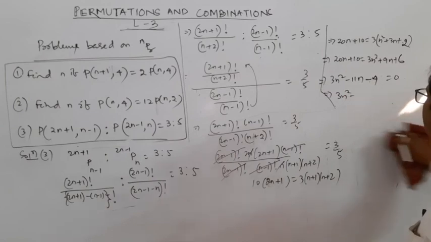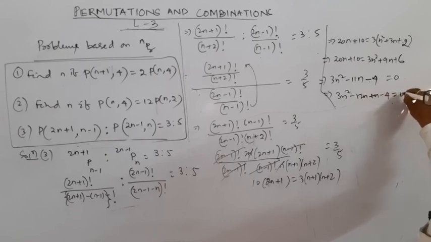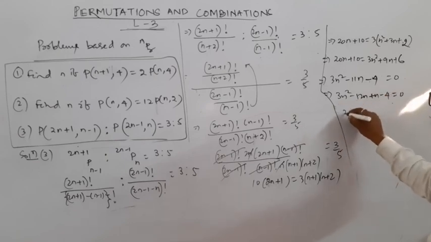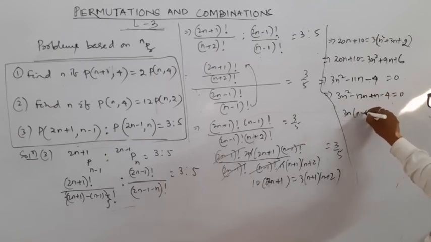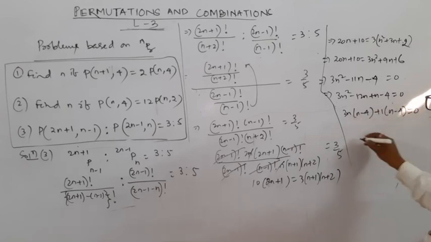So 3n square minus 12n plus n minus 4 is equal to 0. Now taking common 3n, n minus 4, plus 1 common, n minus 4, is equal to 0.